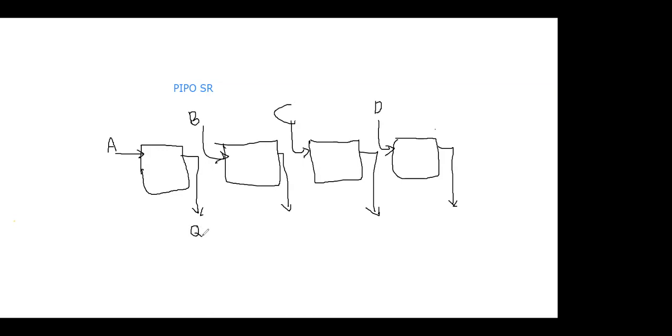Now the outputs are QA, QB, QC, QD. So this is the DA value, this is the QA value. Now if you are applying the clock pulse, what happens?